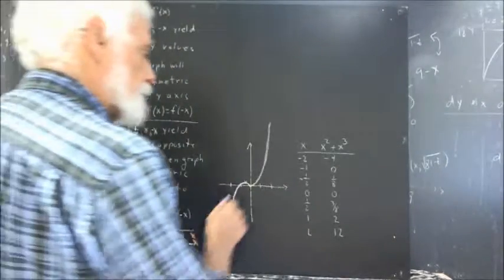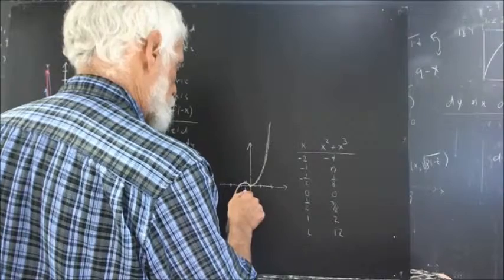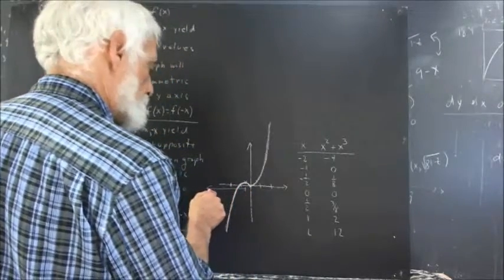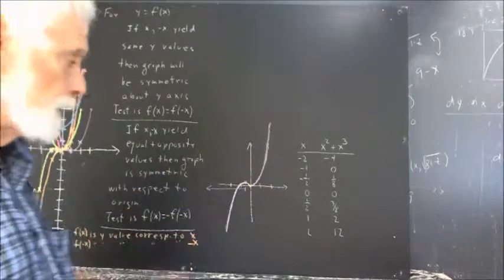So it appears that for x values from about here on, the graph is going to be decreasing.